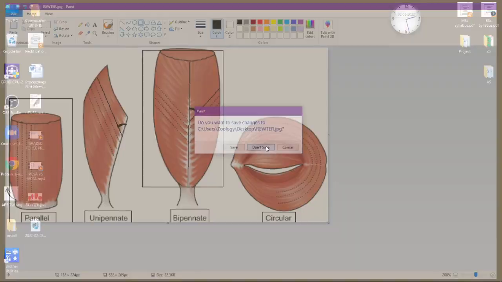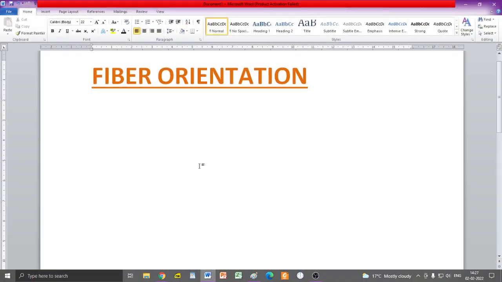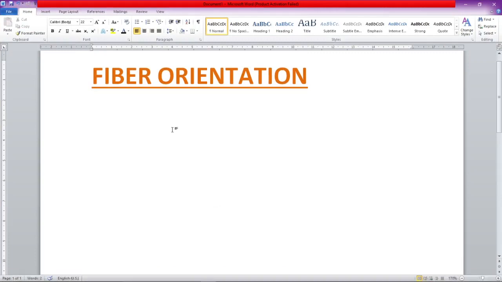Now coming back to the topic, what is fiber orientation actually? Fiber orientation refers to the angle of pinnation inside the muscles. You have two types of muscles: parallel muscles or pinnate muscles.